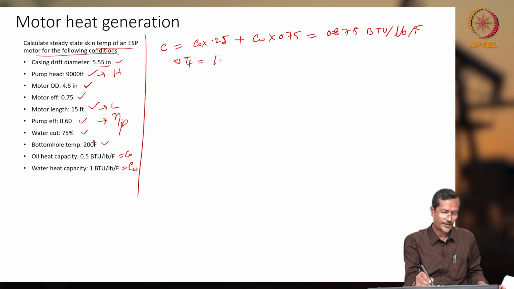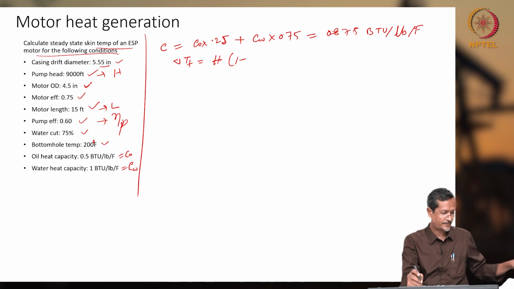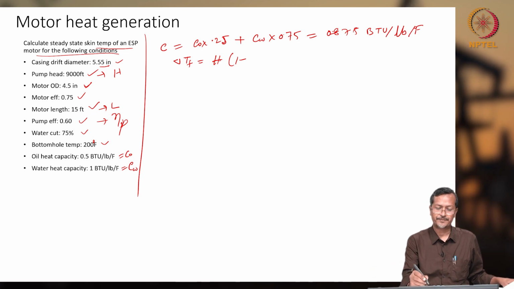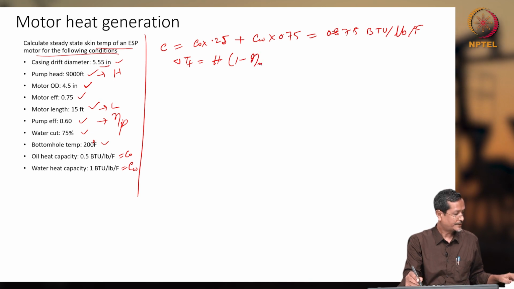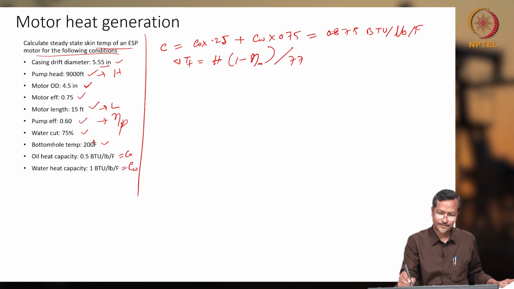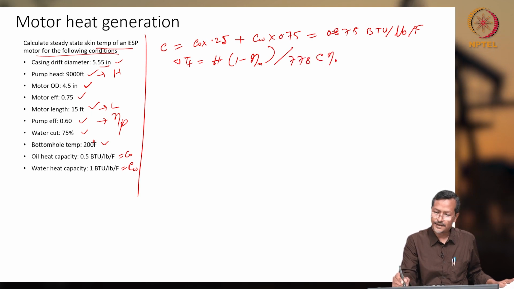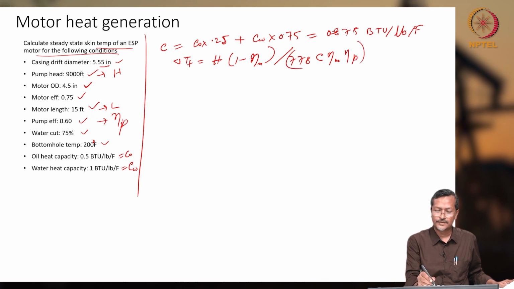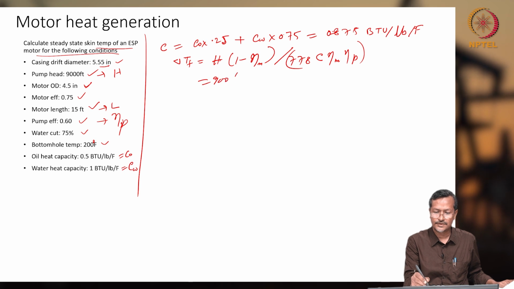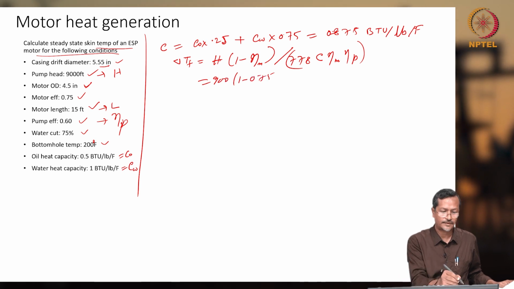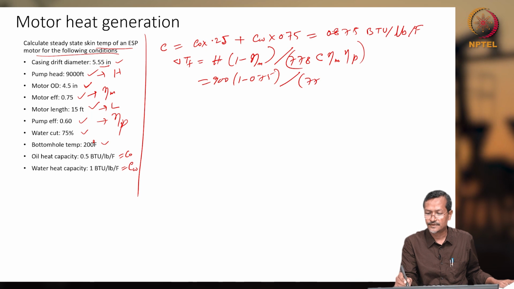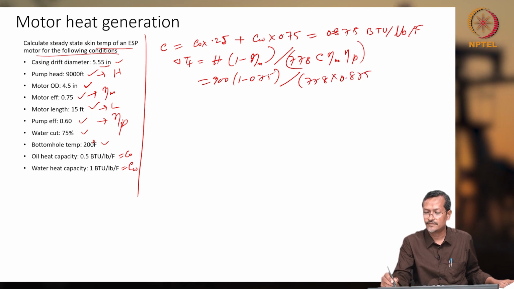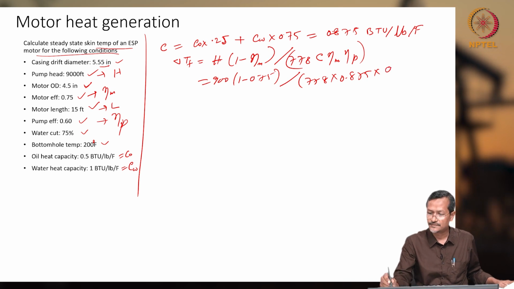Now the temperature rise: delta T F equals H times (1 minus motor efficiency eta motor) divided by 778 C eta M eta P. So this formula gives 9000 times (1 minus 0.75, motor efficiency given) divided by 778 into 0.875 into pump efficiency given 0.6.